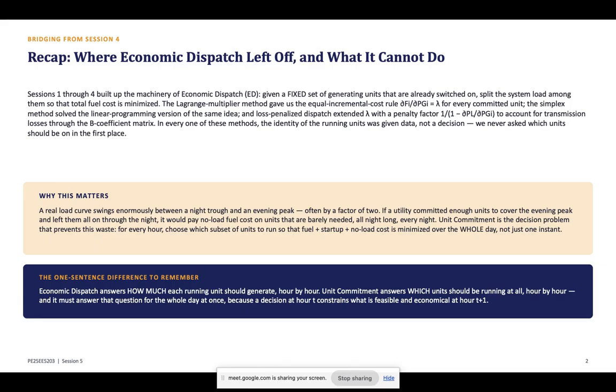From sessions one through four, we built up the machinery of economic dispatch. Before we get into unit commitment, it is important to preserve the connection with the previous ones. Economic dispatch remains completely relevant if two or more generators are already committed.